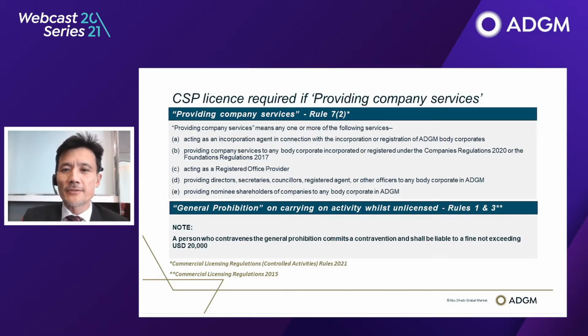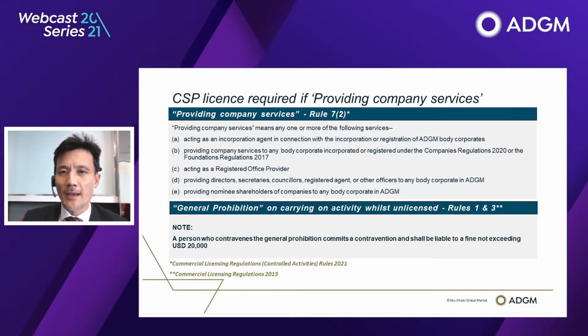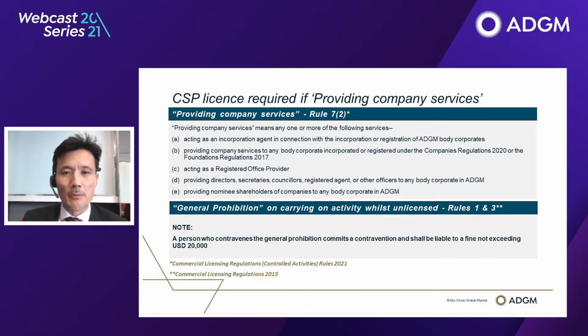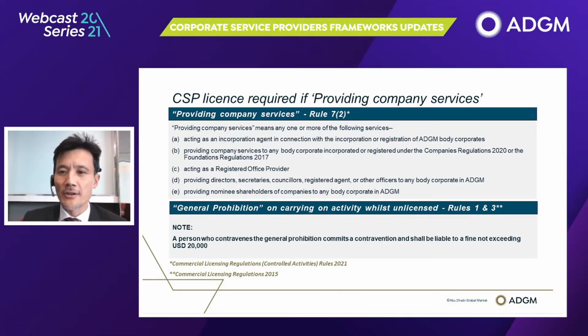Providing company services is defined in the Commercial Licensing Regulations Controlled Activities Rules 2021 and includes any one or more of the 5 services shown, including acting as an incorporation agent in connection with the incorporation or registration of an ADGM body corporate, providing company services to any body corporate incorporated or registered in ADGM, acting as a registered office provider, providing directors, secretaries, councillors, registered agent or other officers, and providing nominee shareholders of companies in relation to any body corporate in ADGM.